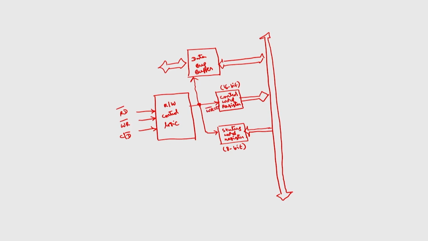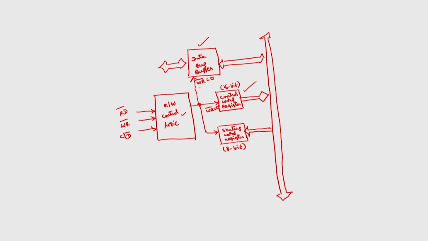So, when write bar is 0, here also you can write data. If write bar is 0, whether the read write control logic will refer to data bus or control word register will be decided by C by D bar.